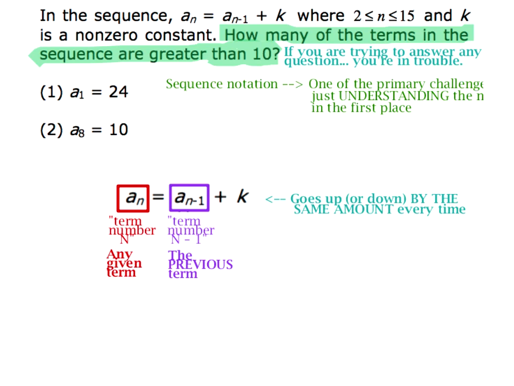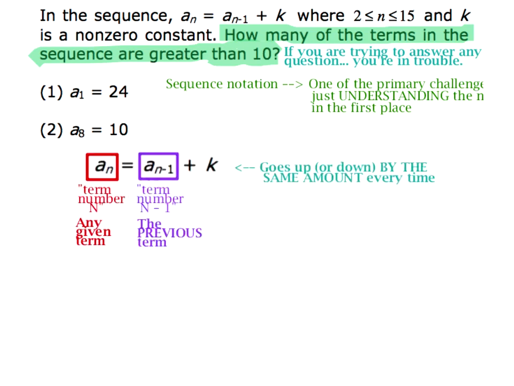Okay, let's talk about what this means. We have a sequence that goes up or down by a constant, but we don't know what the constant is, and to start with, we don't know what any of the actual numbers in the sequence are.